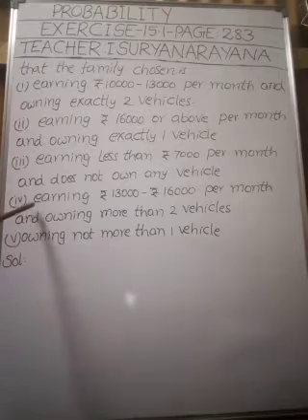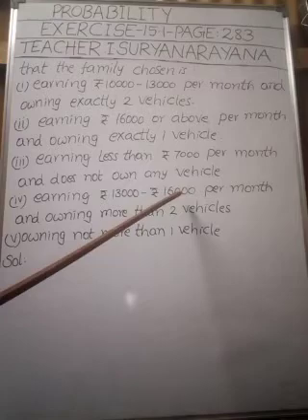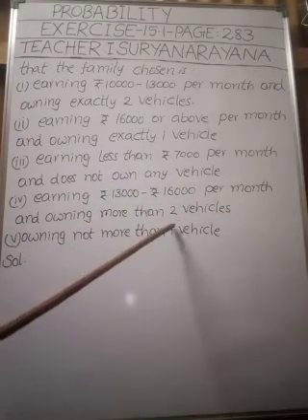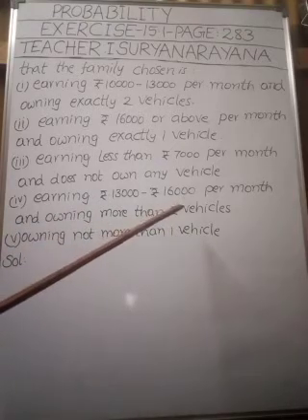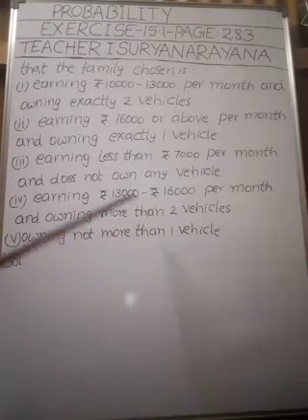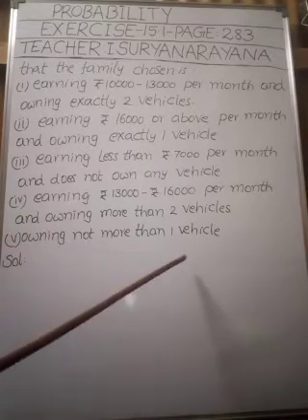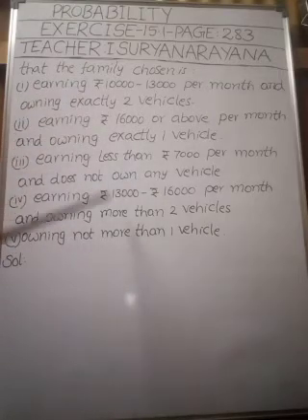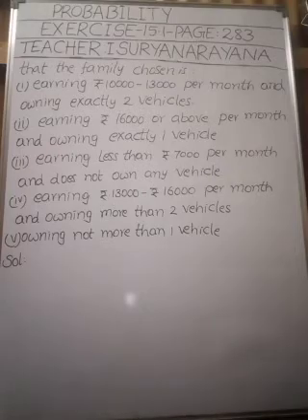Similarly, fourth one, earning 13,000 rupees to 16,000 rupees per month and owning more than two vehicles. Okay, my children. For this event, we have to find the probability. And the last one, owning not more than one vehicle. These are the five events. For all these five events, we have to find the probability. Understood, my children?